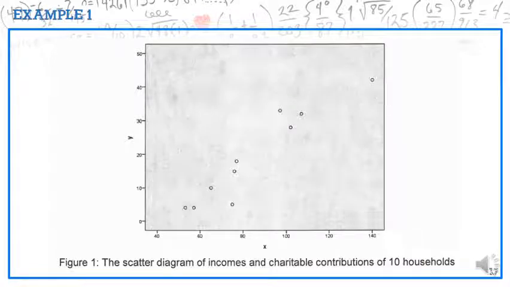So, figure 1 is the scatter diagram of incomes and charitable contribution of 10 households. So X here should be your income and Y here should be our charitable contribution.